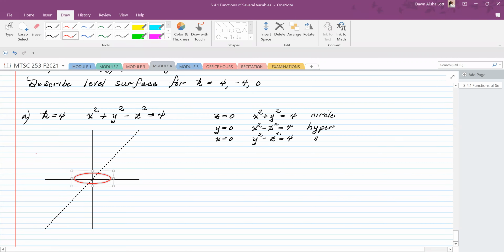And then we get a hyperbola, and another hyperbola, and then the other hyperbola, and then the last hyperbola. And then you're also getting other circles.